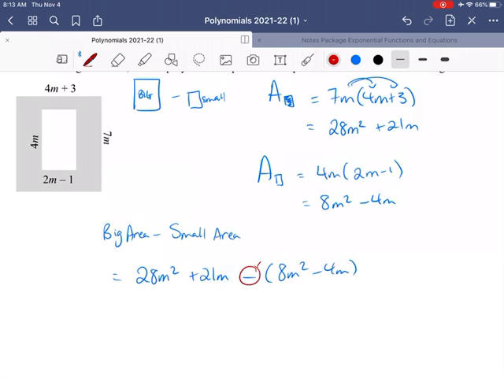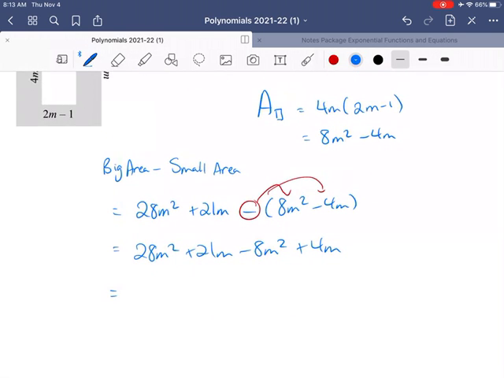So distribute this negative to both terms. So 28m squared plus 21m minus 8m squared, and this becomes positive 4m. Rewrite it. And then simplify. 28m squared, subtracting 8m squared, gives me 20m squared.